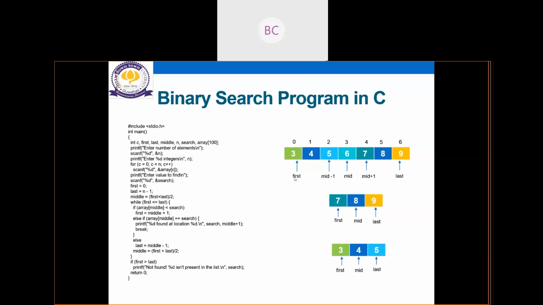Then you are checking the second condition, that is, whether the middle value is equal to search or not. That means if your searching item is 6, then your mid value is also 6. So it will satisfy this condition and it will simply give you the location in the array. If this condition is not true, it will search again by getting the middle value again, and if nothing is left, it will simply say it's not found.